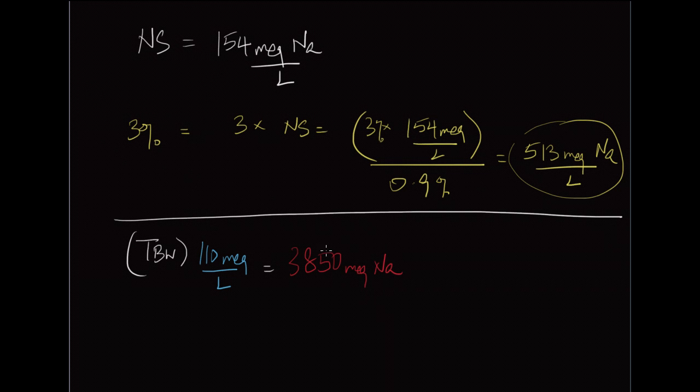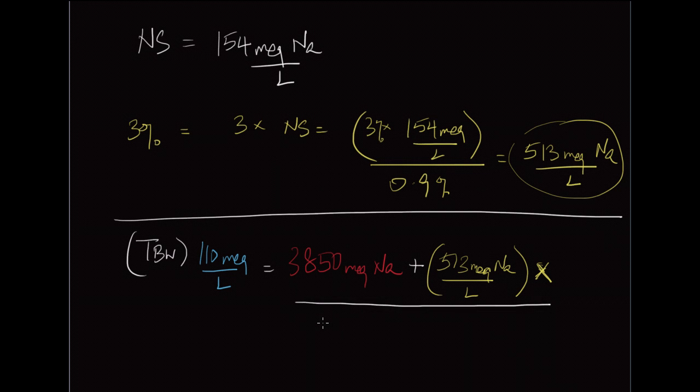To this, we're going to add the salt that comes in 3% saline. Well, how much? And that's what we want to know. So we do 513 milliequivalents of sodium per liter of a 3% saline bag times X, which is the volume of 3% saline that we're going to administer. But we're also administering water to this patient. This patient already has a certain amount of water.